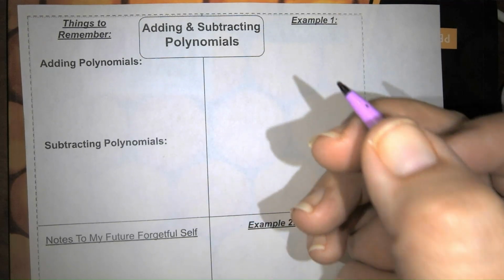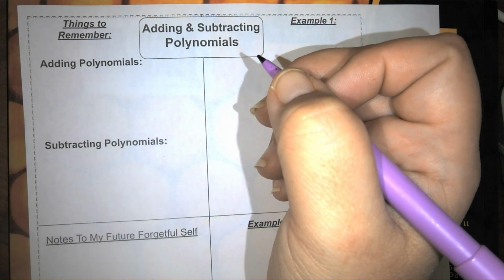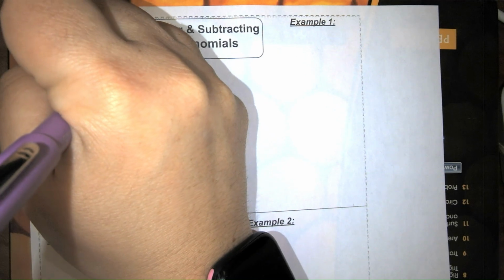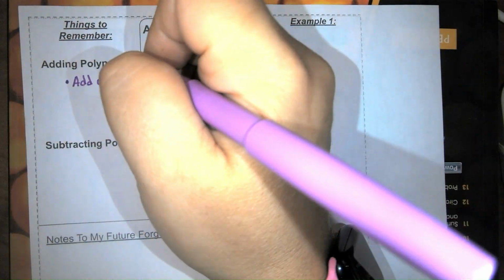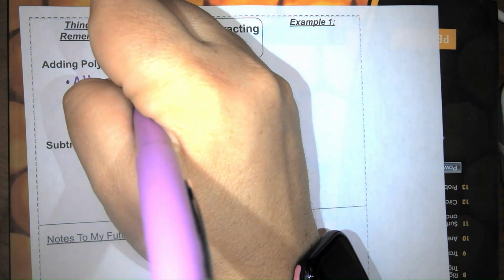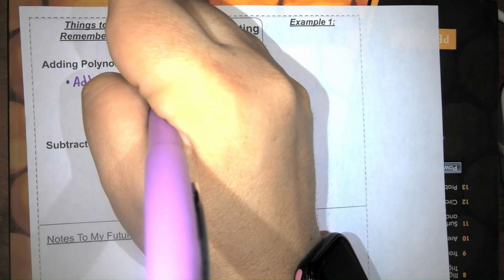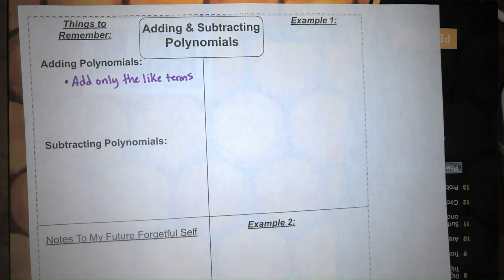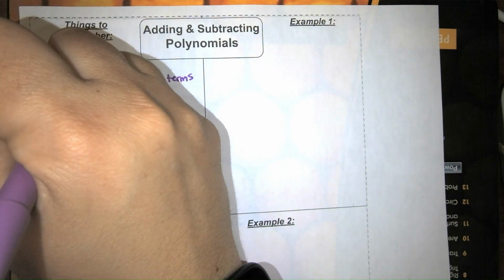Let's get started. So when we're adding polynomials, we want to remember that we need to only add the like terms. So add only the like terms. And we want to remember to add the coefficients and not change the exponents.